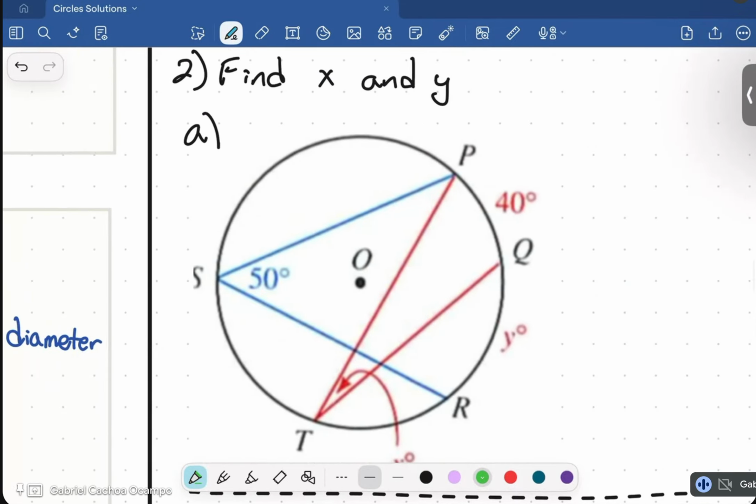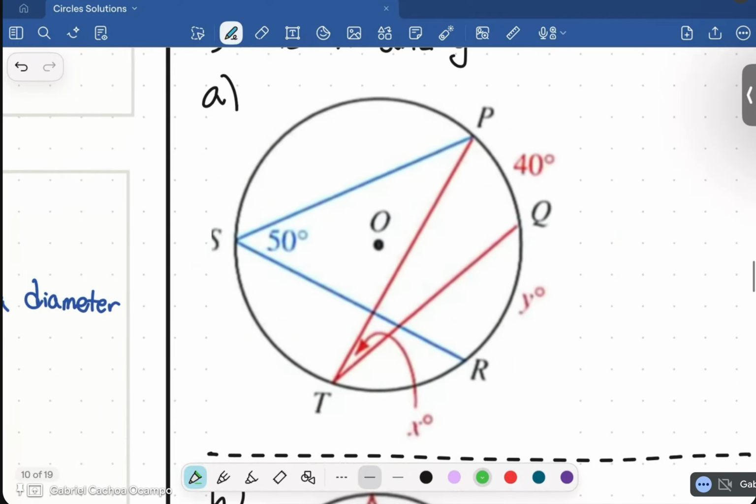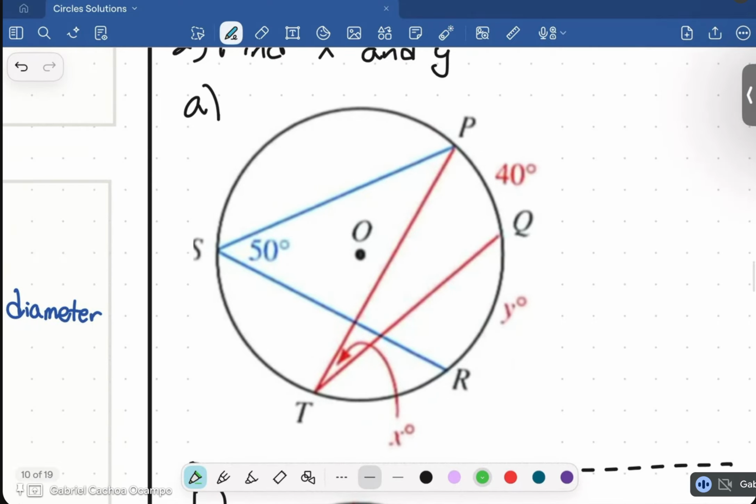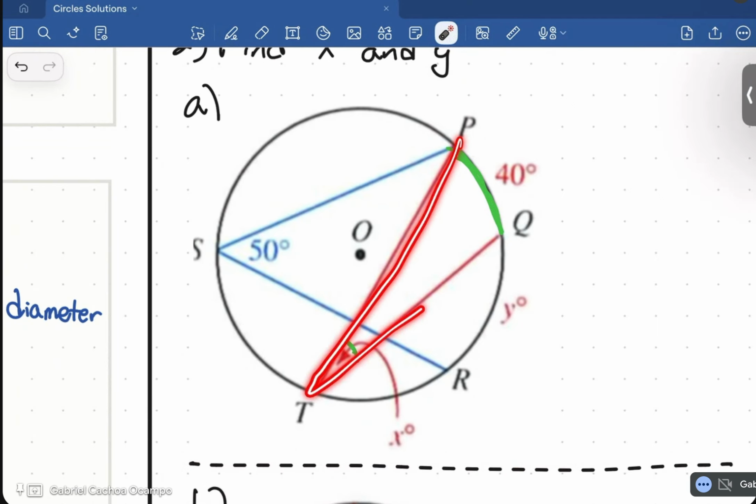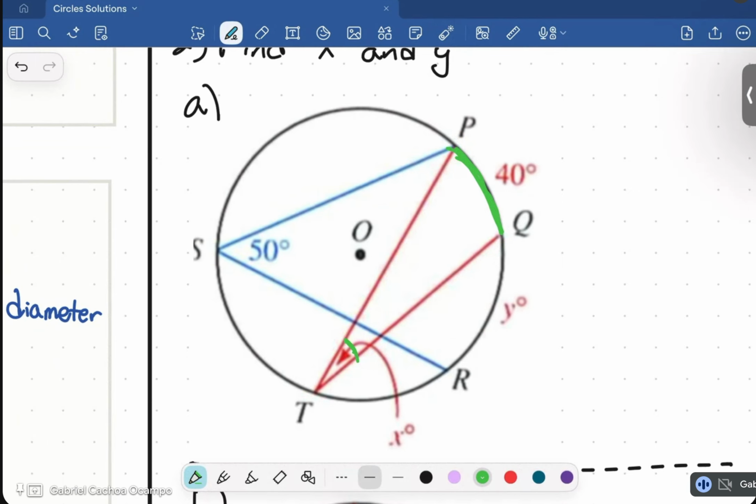I need to find x and y. So what is the measurement of x? The arc defined by angle x is 40, so that means the measurement of x is 20. Okay, now look at this inscribed angle.